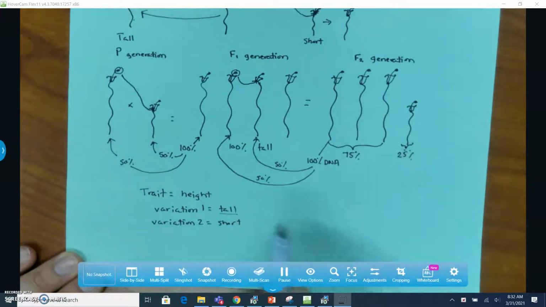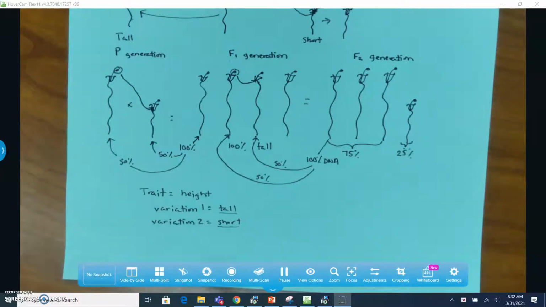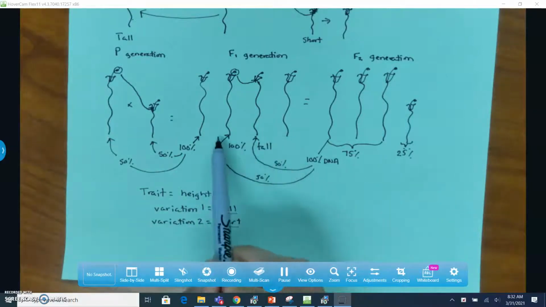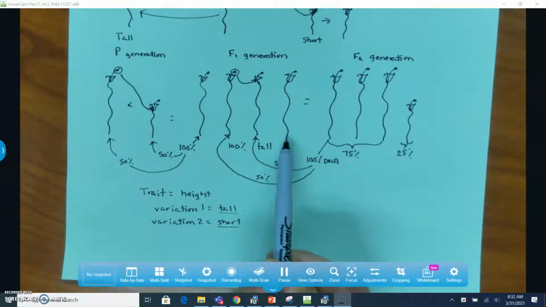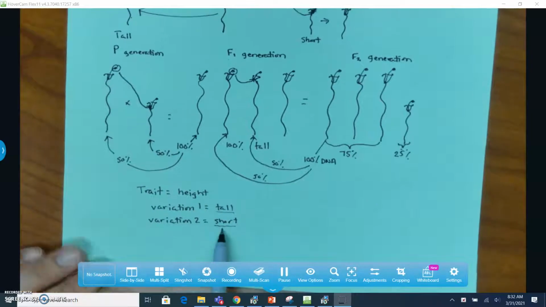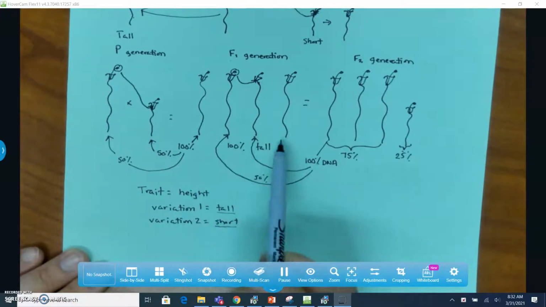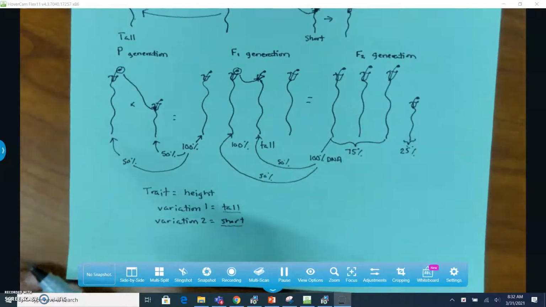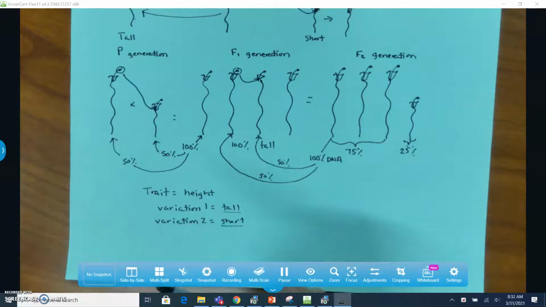Something was in this plant that caused it to have the short variation. He started to realize, going all the way back to the P generation, that since 50% of all the F1 plant DNA had the second variation of short, and also all these plants had 50% for tall, he started to realize that these variations are coded for in our genes, in our DNA.